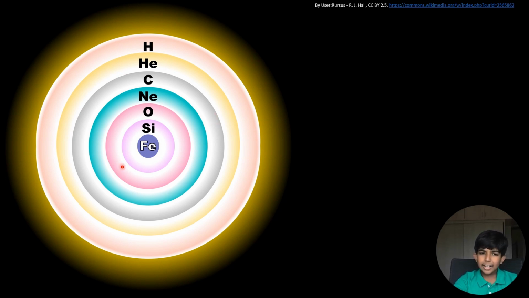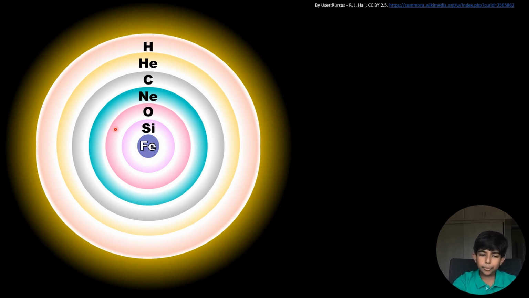But once the iron takes away the energy, the core collapses under its own gravity, and because of the energy released from the core collapsing, the rest of the star takes this energy and uses it to escape the core, and so the star explodes.